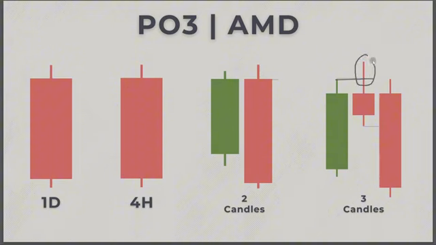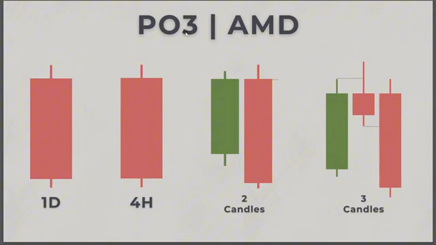So this is the manipulation, and then we had the distribution, and most likely this is your breaker structure on another time frame. So 3 candles. So you see how power of 3, even though it's 3 phases, could happen in 1 candle, in 2 candles, and in 3 candles. When you see this from this perspective in different time frames, you're gonna have the real understanding of the AMD or the power of 3.